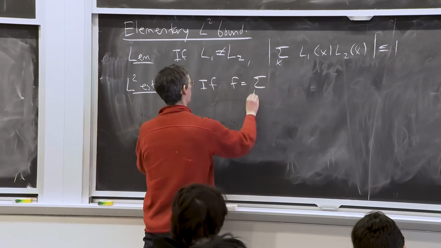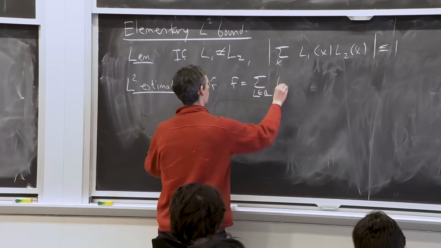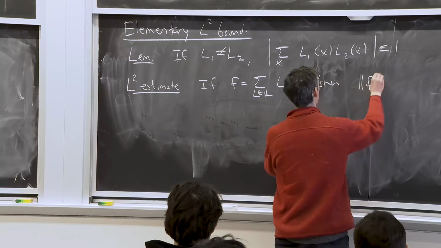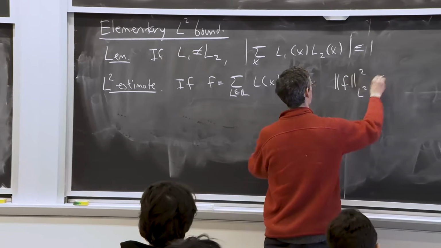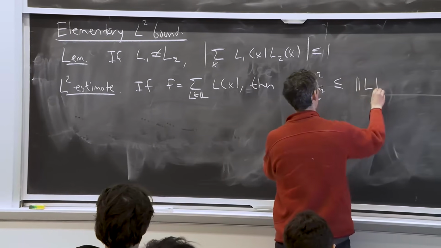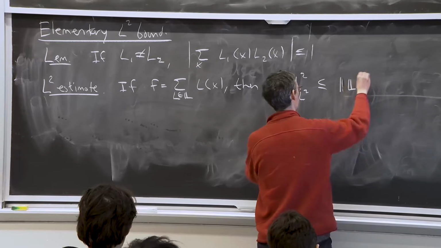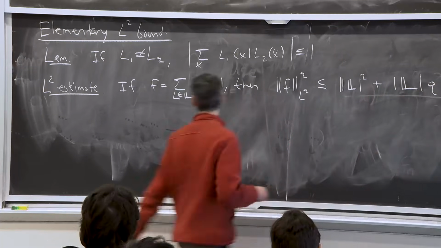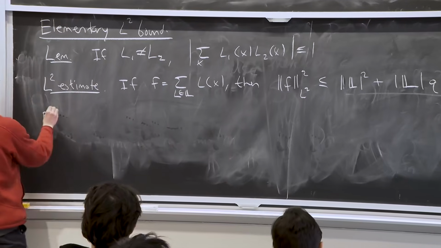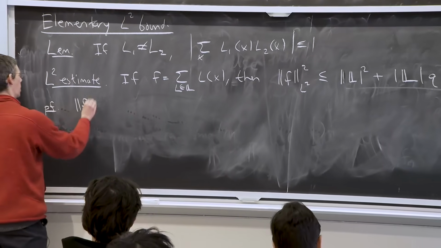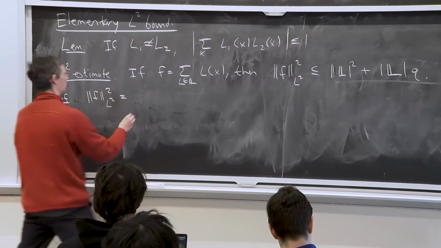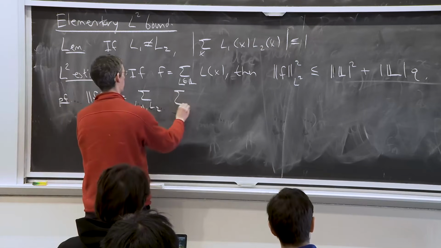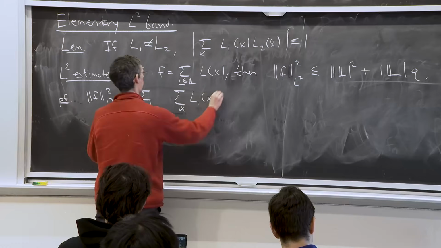F is the sum over L in the set of lines of L of x. Then the L2 norm of f squared is bounded by the number of lines squared plus the number of lines times q. Here's the proof. So the L2 norm of f squared is the sum over L1 and L2 of the sum over x of L1 of x, L2 of x.